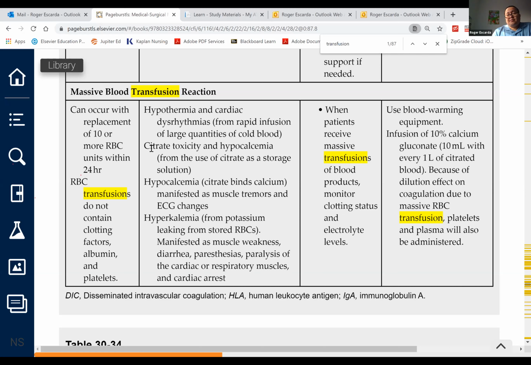Massive blood transfusion reaction is if your patient receives multiple blood transfusions in a single day. This is because we use citrate in order to preserve the blood. Have you ever wondered why the blood doesn't clot while it's inside that bag? They use citrate. So there's citrate inside that bag to keep the blood fresh and prevent it from clotting. You can say citrate is like a preservative.